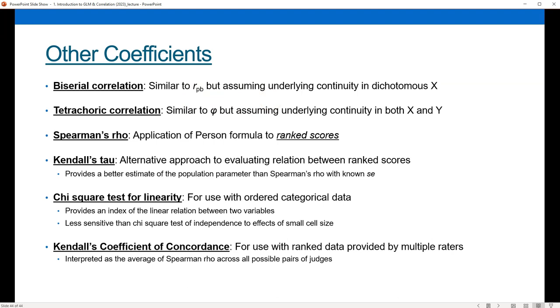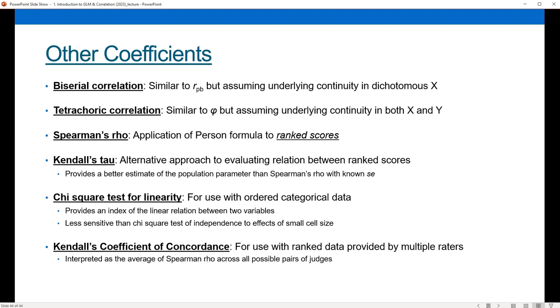So if I have a variable that's coded as high, low, or something like that, but I know that the construct is continuous underneath, let's say my variable is a guilty, not guilty decision, but I really know that the underlying dimension is some continuous dimension of certainty of guilt. At some point we just say, okay, it's got to a point where I say guilty versus not guilty.